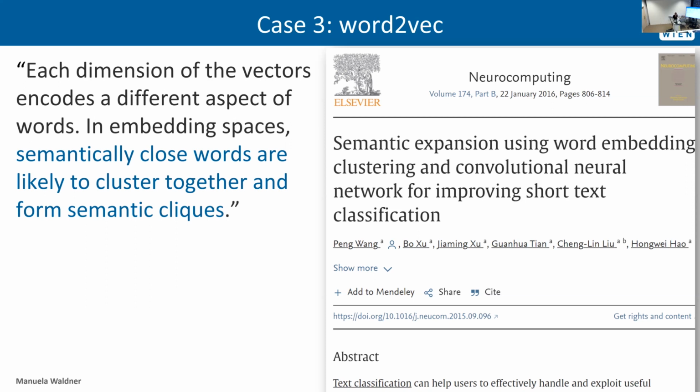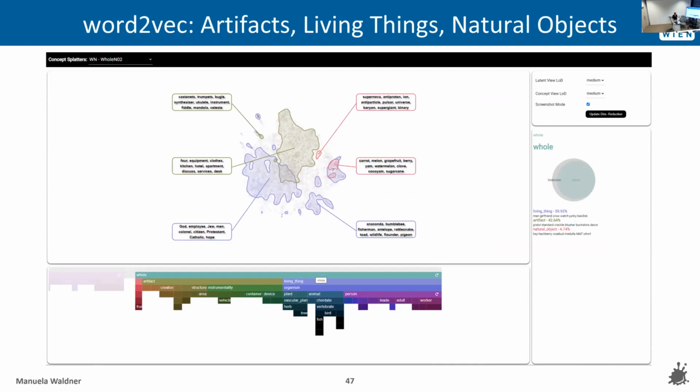Then we did the same visualization, but instead of having the insets with the images, we showed the words themselves. We have the same categorization that we've seen with ImageNet before, and we start on the same level, namely the separation between living objects and artifacts. And just to confuse you a bit, I changed the color code, so now the artifacts are not purple anymore but green, but the message is pretty much the same.